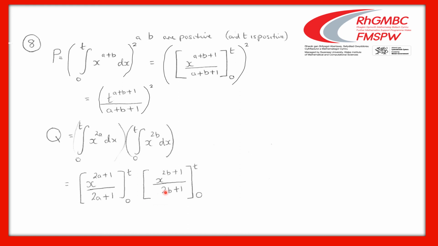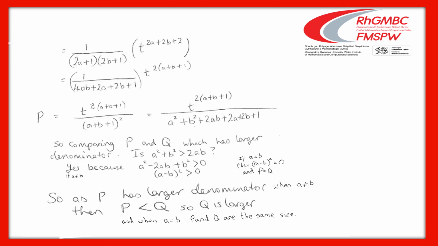You'll then need to multiply these two. So, when you look at the expression for q, now that you've multiplied them, you should end up with the expression that we've got here at the top.